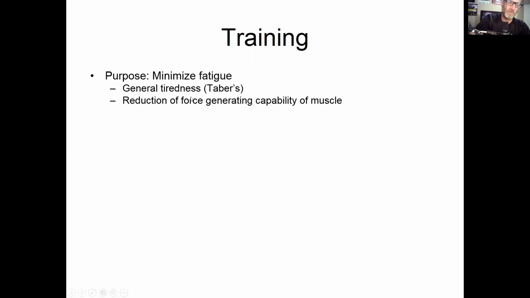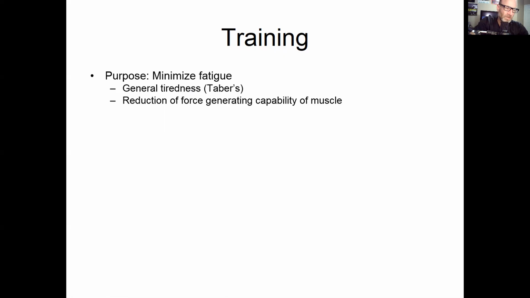I just want to be careful here because fatigue is not just a physiological response. We can be fatigued at the end of the day, and that just may be a mental fatigue. And we may have a hard time training or generating force from the muscle simply because our brain is tired. There's psychological fatigue.